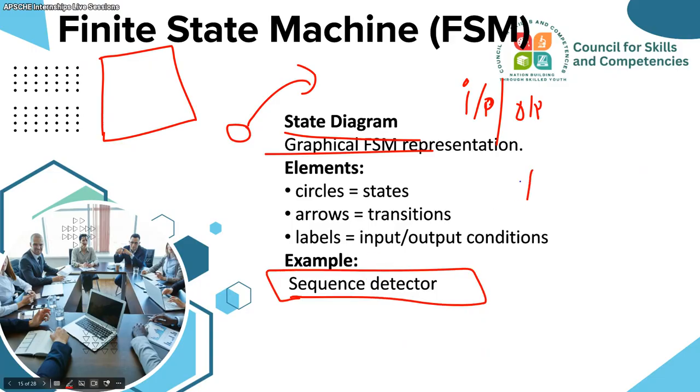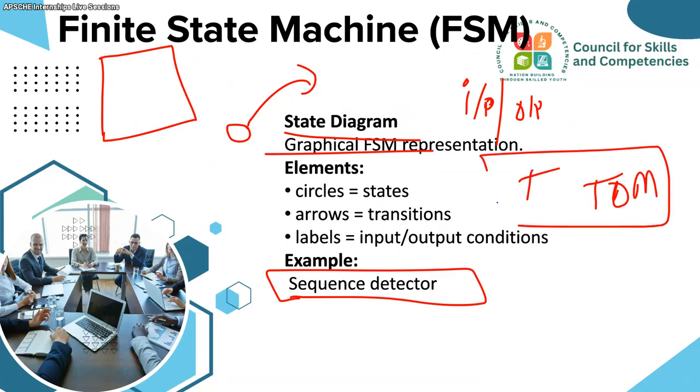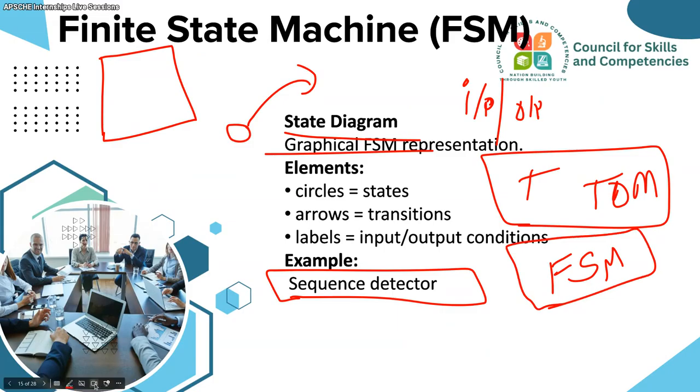Today and tomorrow, our aim is to understand the finite state machine. This is very important in project creation or wherever we are going to use it. So no worry if you are not able to understand, you still have time.